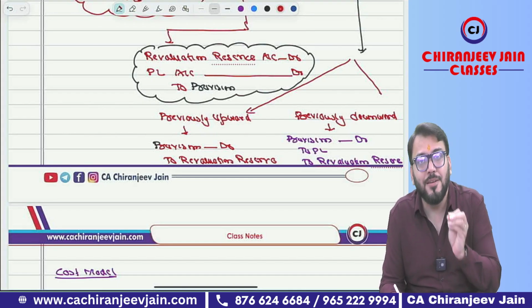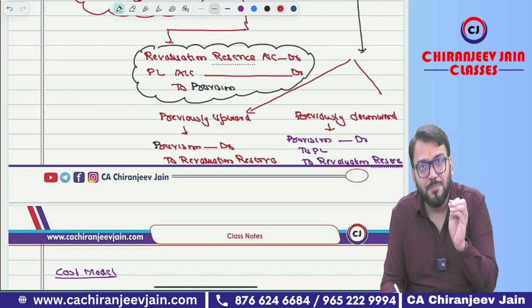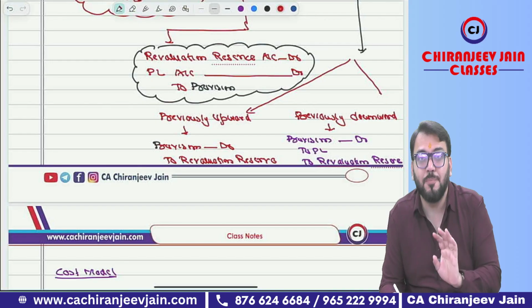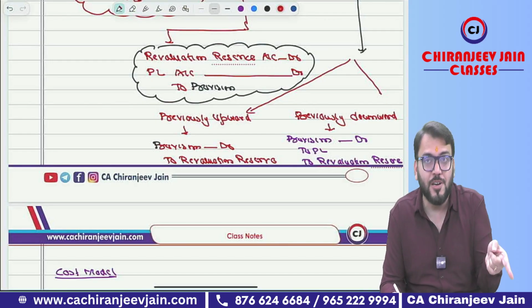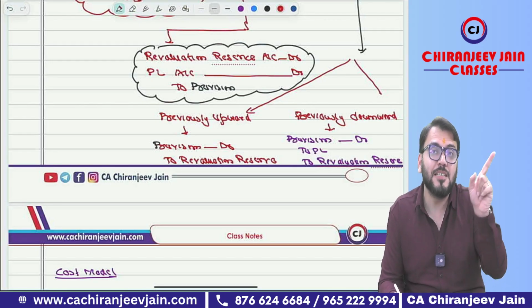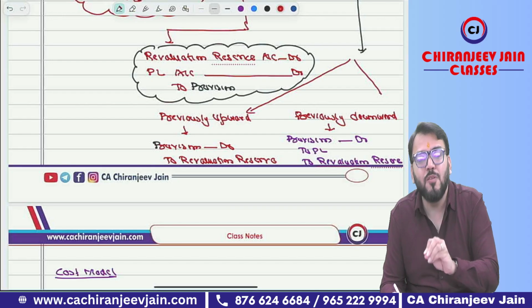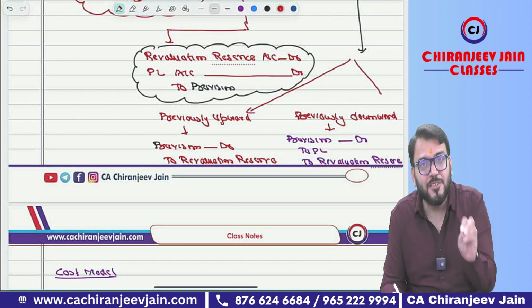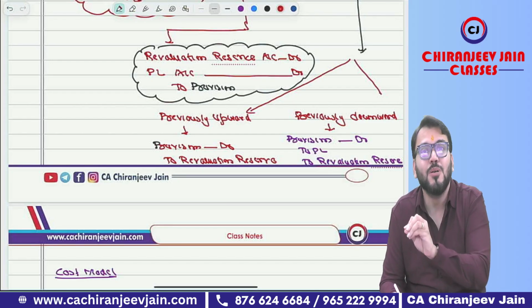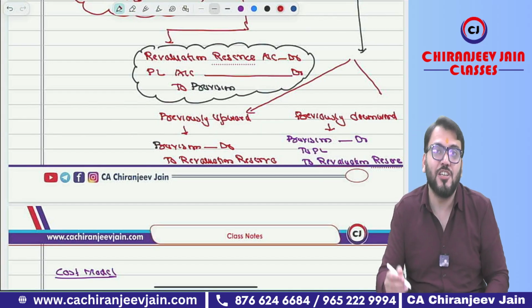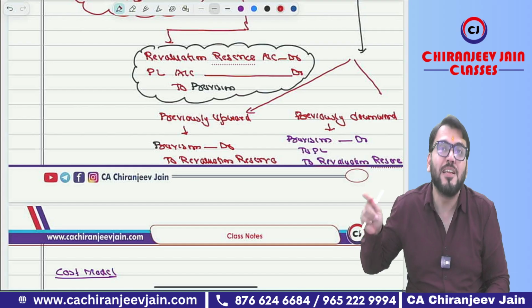Our journal entry will be provision account debit to revaluation surplus. But if previously there was a downward revaluation, where the previous decrease was debited to PL, then any gain will be first credited to PL to the extent of the previous decrease. Any balance gain will be transferred to revaluation reserve. So our journal entry will be provision account debit to PL, to revaluation reserve.